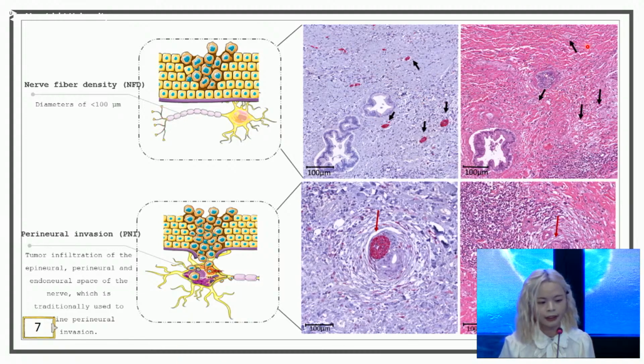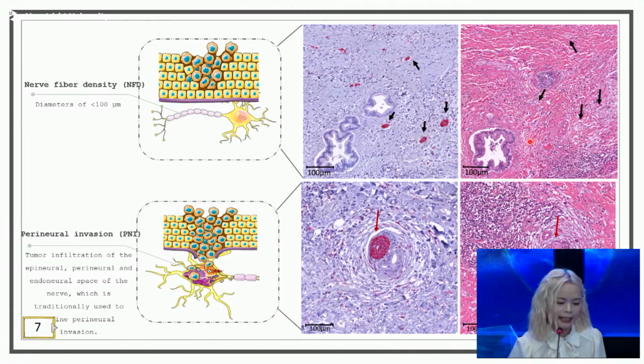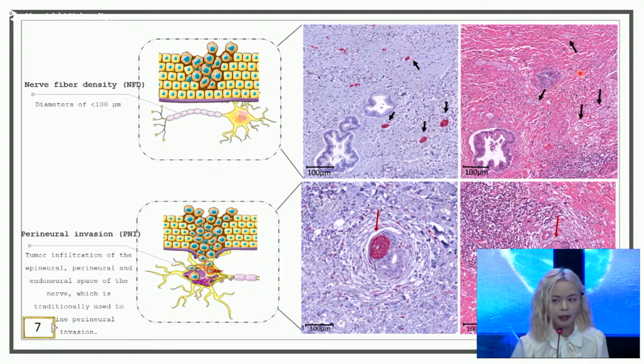Here, routine H&E staining shows with the black arrow the localization of the small nerve fibers that are not visible on the H&E staining, but can be seen with positive staining in the PGP immunohistochemistry.